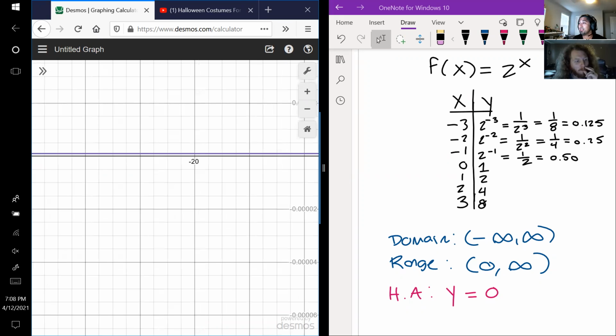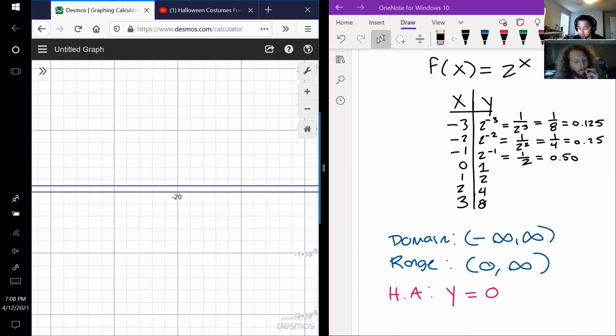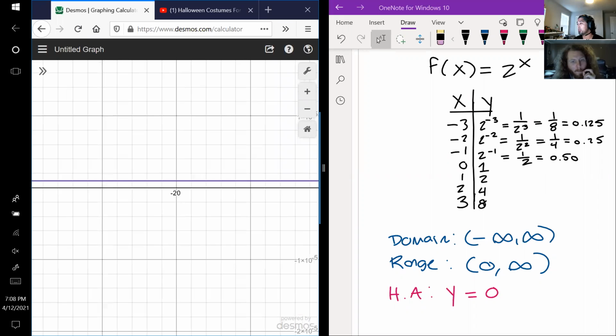Look at that. At -20, we are still not touching the x-axis. So this would be the same for any negative numbers towards negative infinity. Look at that. Look how small that number is. 9.5 times 10 to the -7. That should basically be 0, but it's not. We are barely above the x-axis right now.